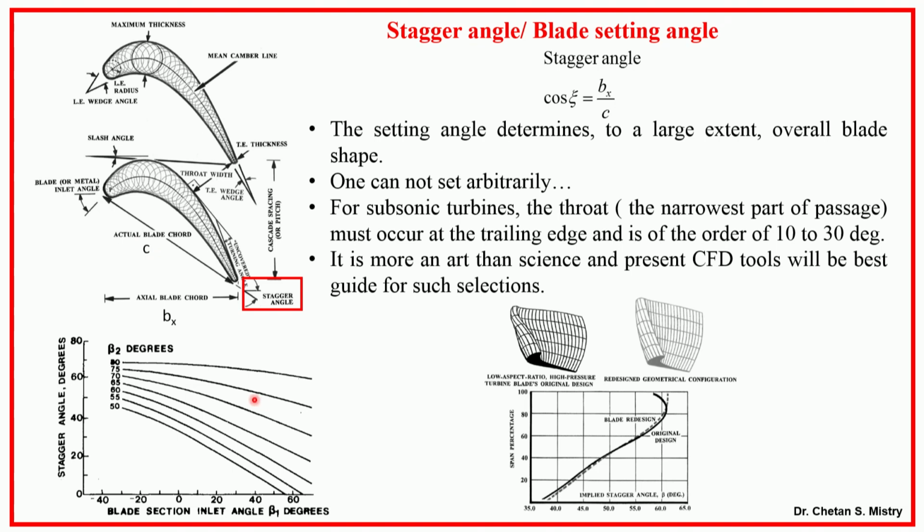Based on experimentation, people have defined that when you have a particular blade angle in combination, you can select that as a stagger angle. This is the initial low aspect ratio HP blade, which has been modified in design by changing the stagger angle.